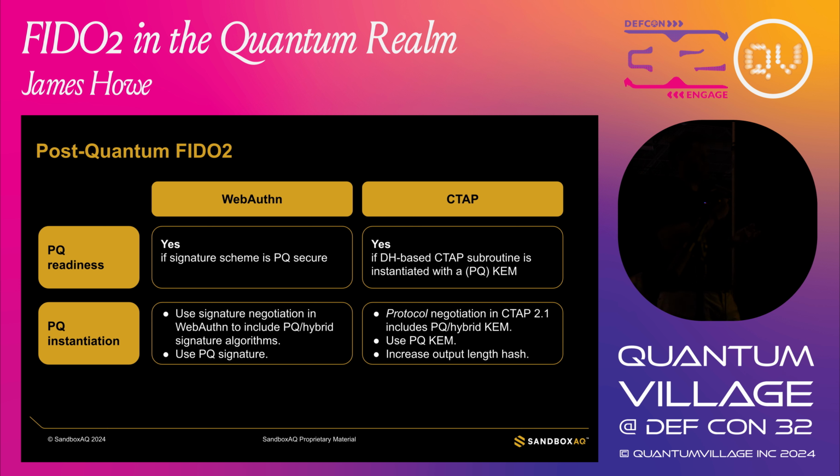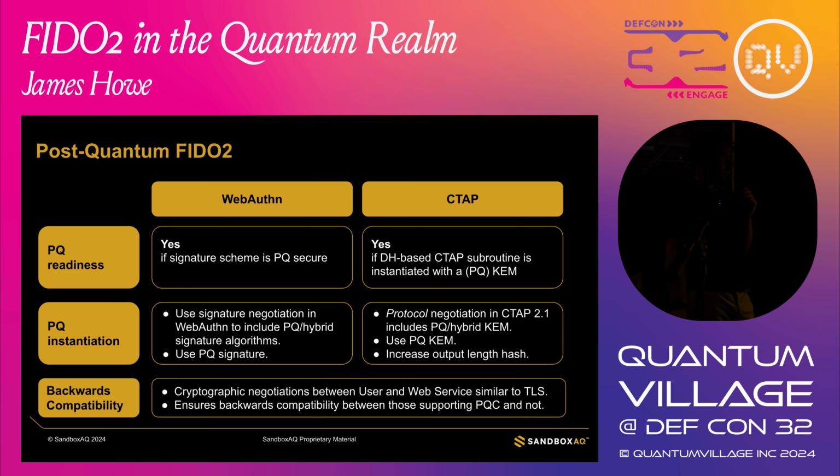And with CTAP, it's slightly different because you're not using anything Diffie-Hellman anymore. You're going with a KEM, which is built up slightly differently. But as long as you deal with that and you increase some of the lengths of the symmetric primitives or the hash primitives, then you're covered against the Grover algorithm. So as long as you switch out your classical primitives with post-quantum, then you're effectively covered.